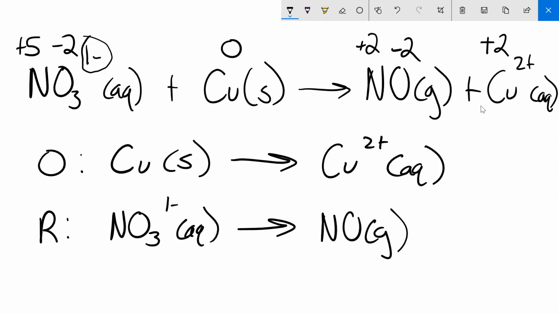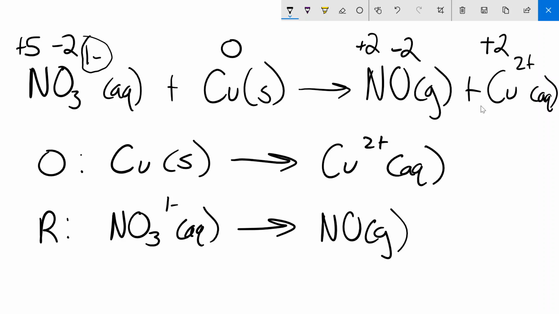In doing that, we have now successfully identified the unbalanced portions of our half reactions. So this step right here, the oxidation reaction is the copper to the copper 2 plus. The reduction half reaction is the nitrate ion to nitrogen monoxide, specifically the nitrogen within that.